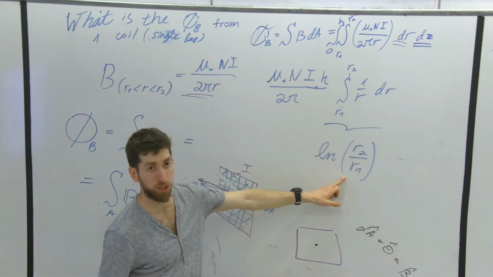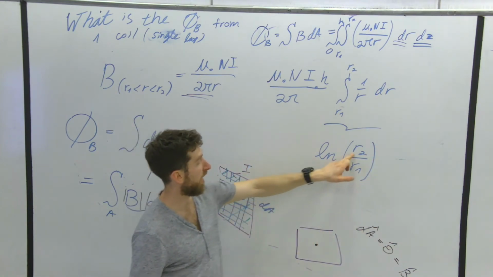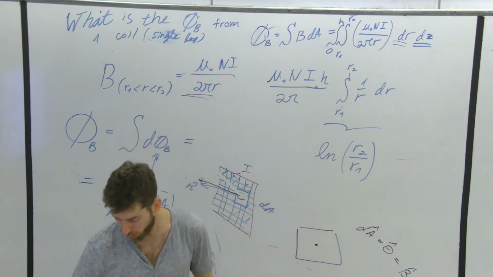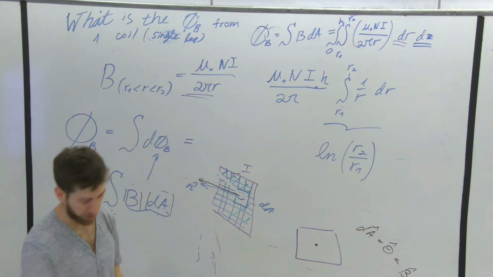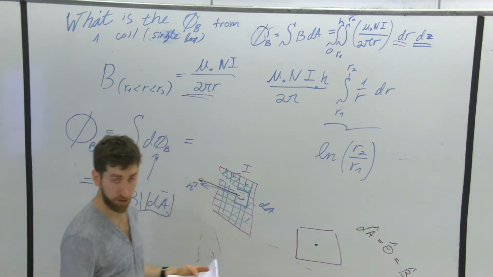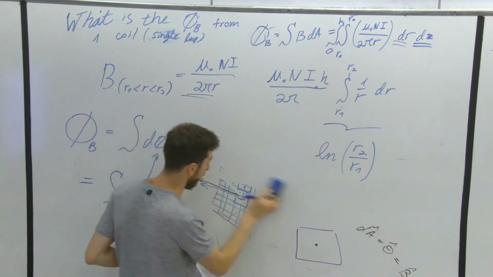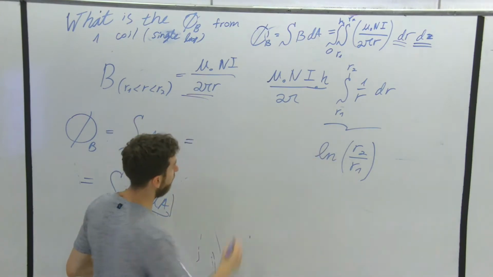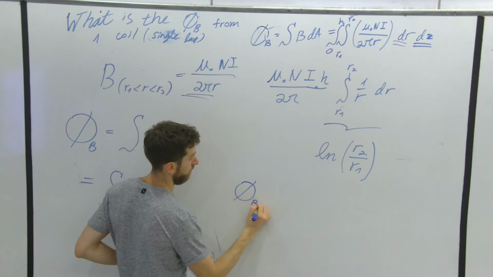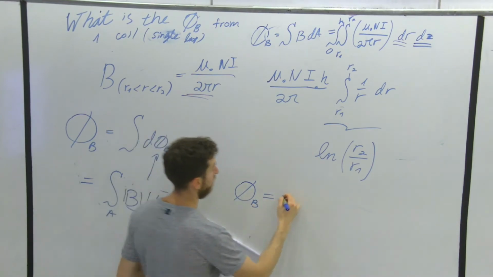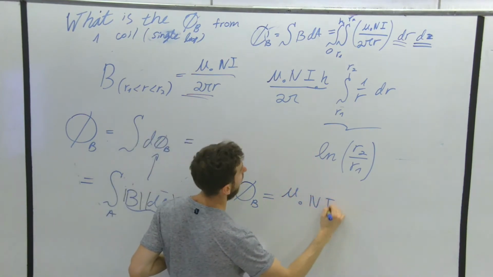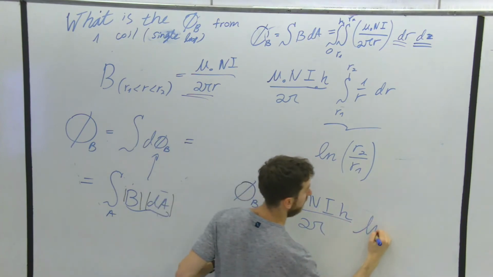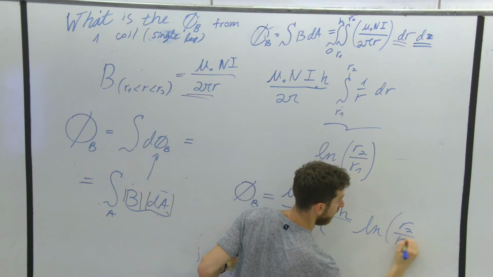Why so? Because if I subtract ln R1 from ln R2, I can write it as a division of the two. Perfect. So we have the flux from this window, from this loop. What is it equal to? Phi b equals mu0 n I h over 2 pi times ln R2 divided by R1.